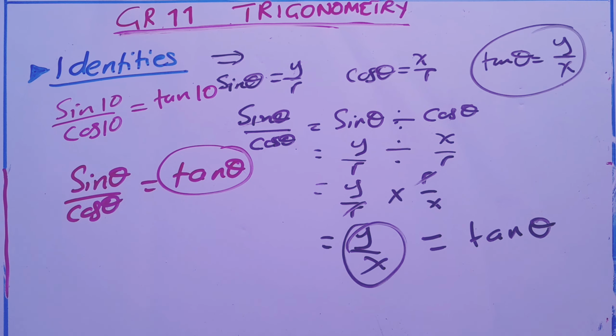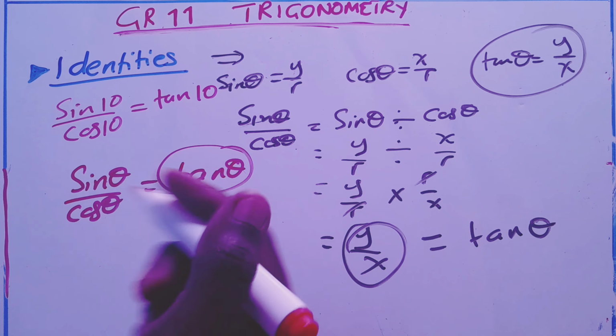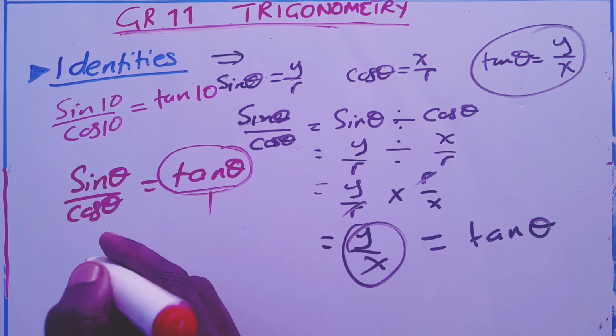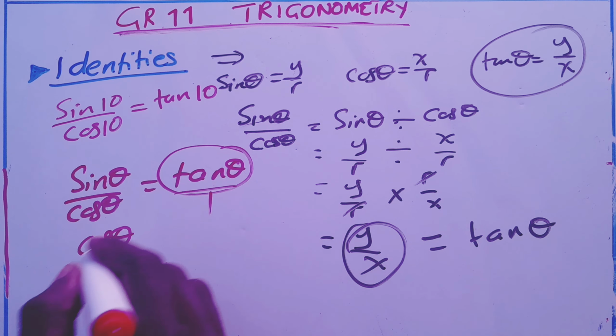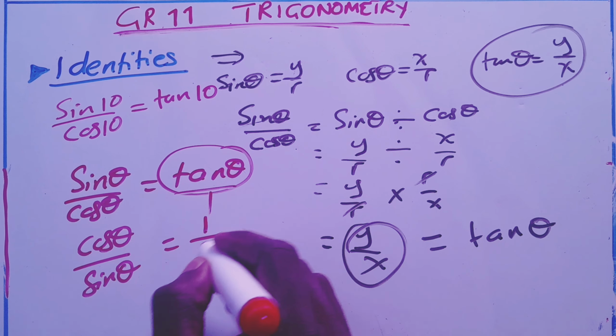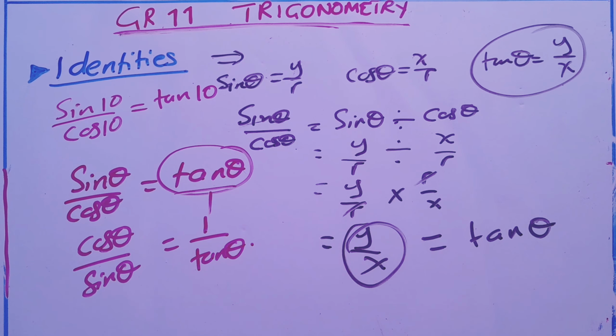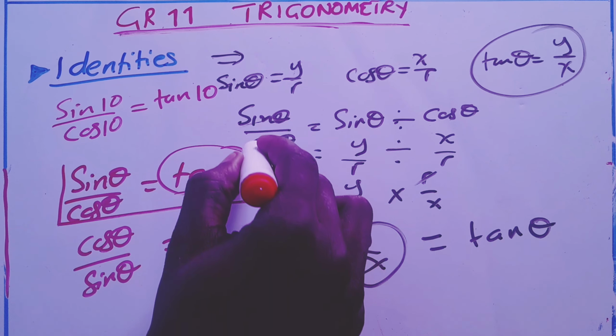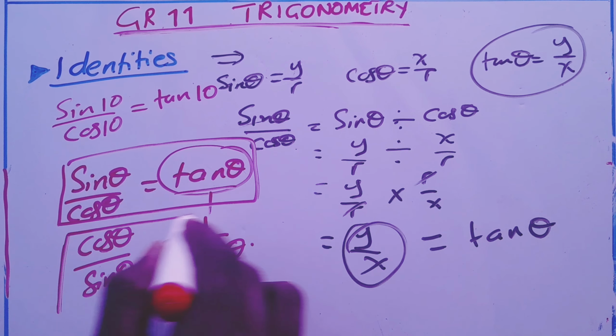But we can also deal with the reciprocal of this. If we change this, it becomes cos theta over sin theta, which is the same as 1 over tan of theta. Can you see that? This is one and the same ratio that we just swapped.